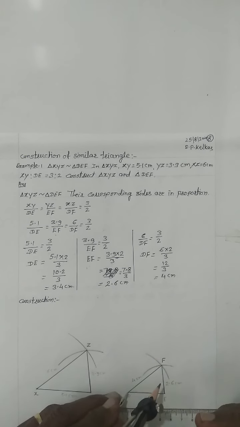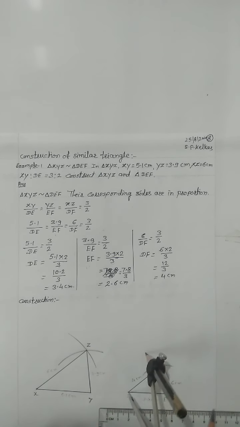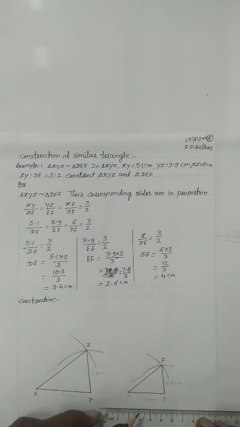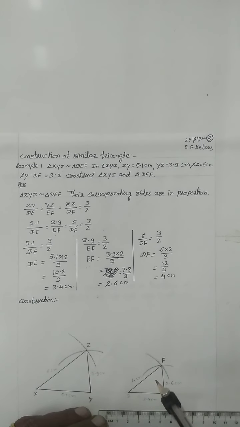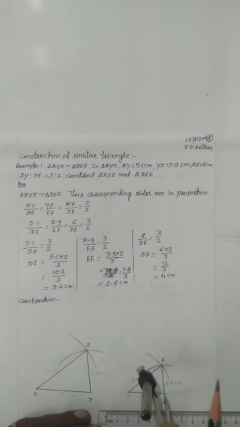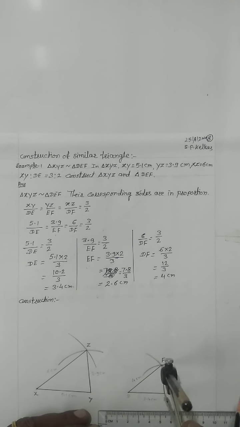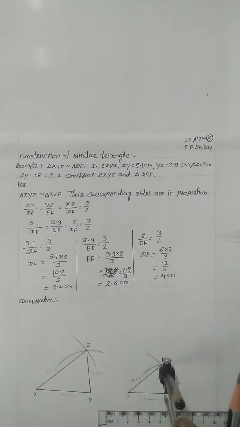Put the one terminal at point D and draw the arc in this way. Then take a distance 2.6 centimeter, and draw the second arc from point E. In this way, these two arcs intersect at a point.